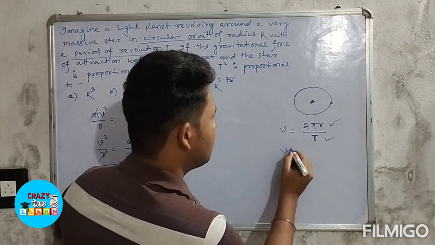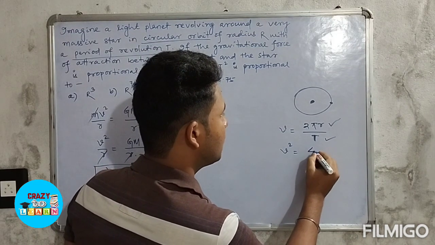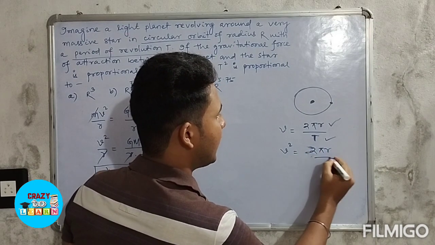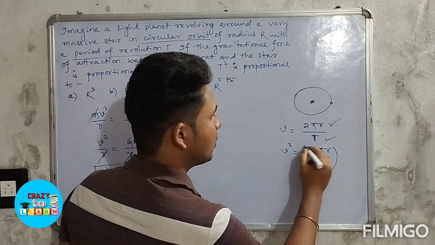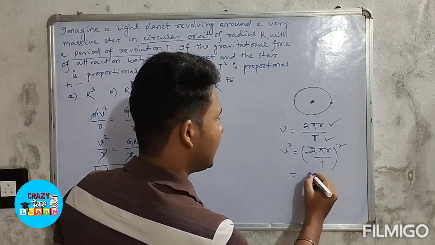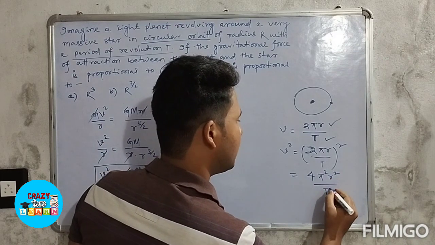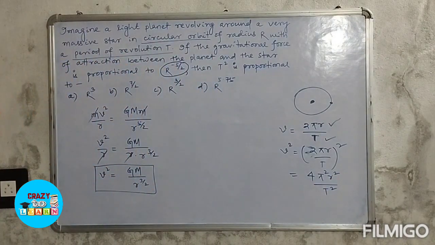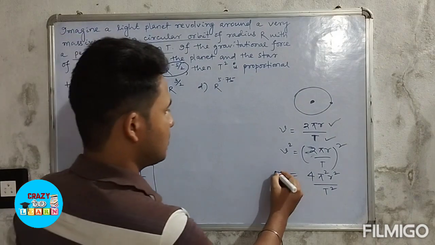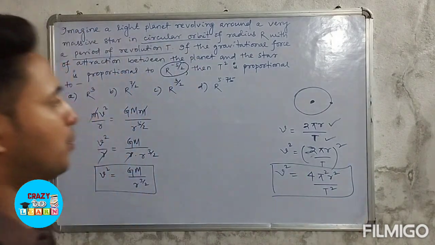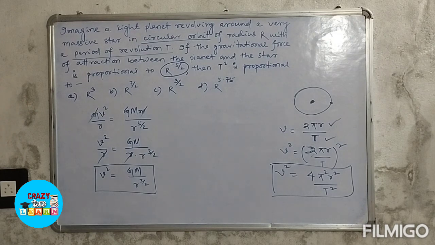So v square is equal to 2 pi r divided by T, whole square. So you can write v square is equal to 4 pi square r square by T square.